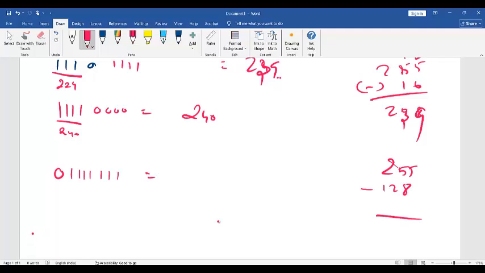You know the easy way I'll tell you. Yes, please. What is the value of this one? 128. The sum of these will be 1 less than the value of this. If this is 128, then the addition of these will be 127. You understood? Okay, got it.